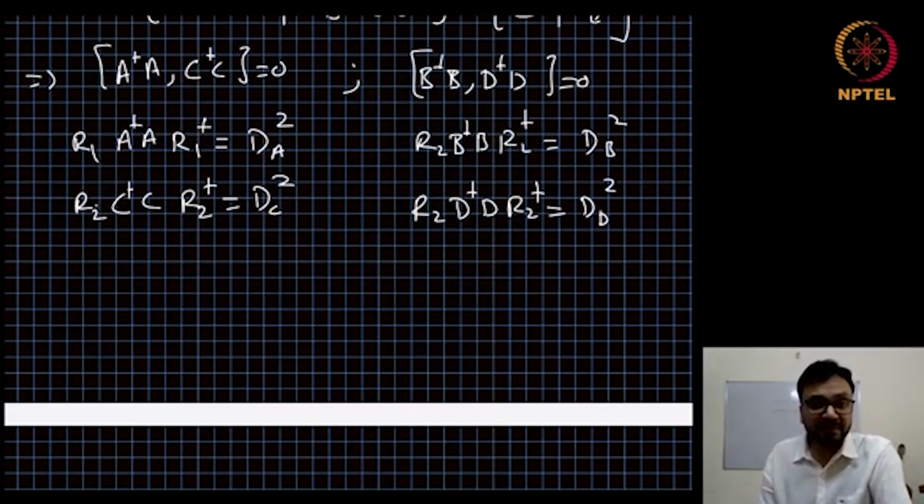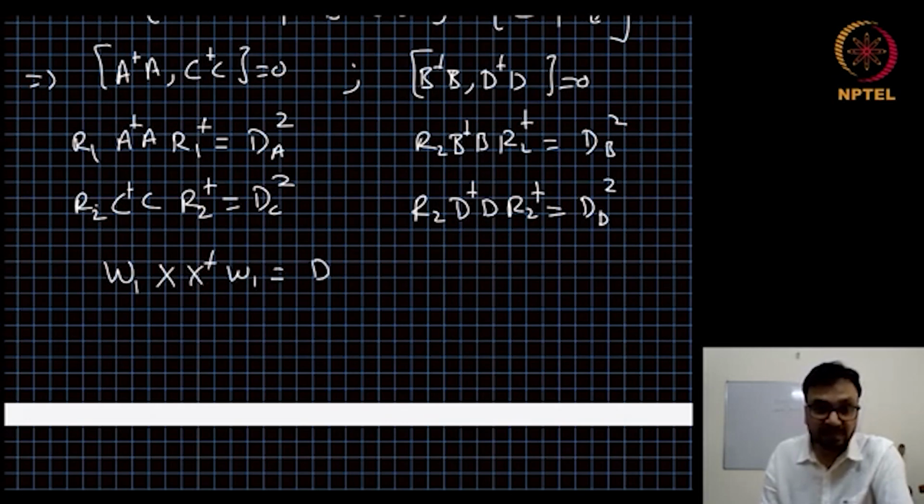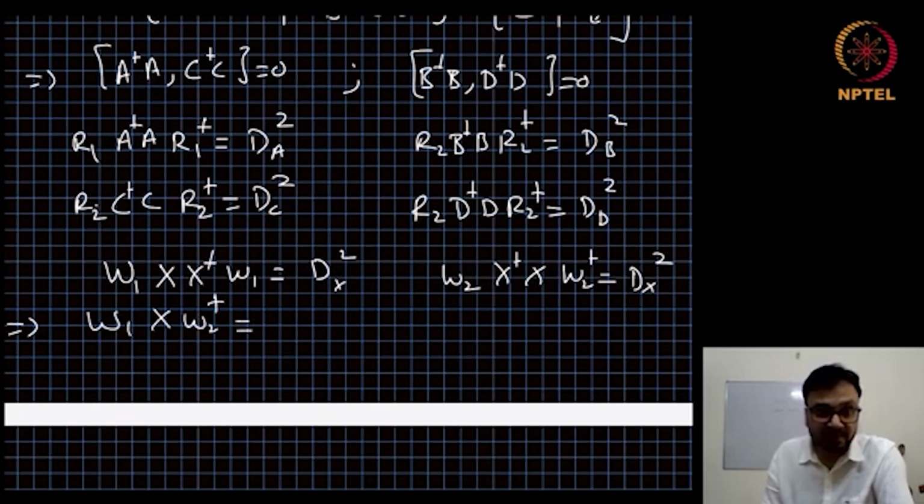Now, let us say we have unitaries W1 and W2 such that W1 X X dagger W1 dagger is dX square and W2 X dagger X W2 dagger equals dX square. Then we can write W1 X W2 dagger as dX. This is called singular value decomposition.